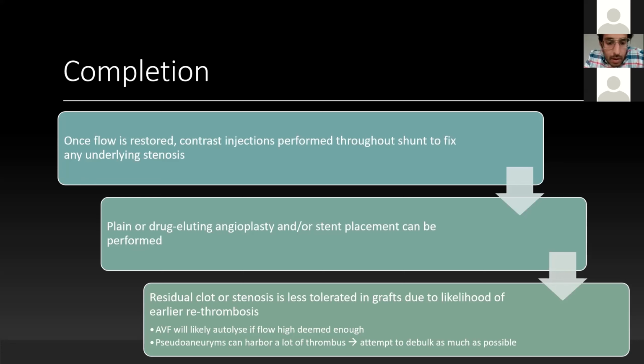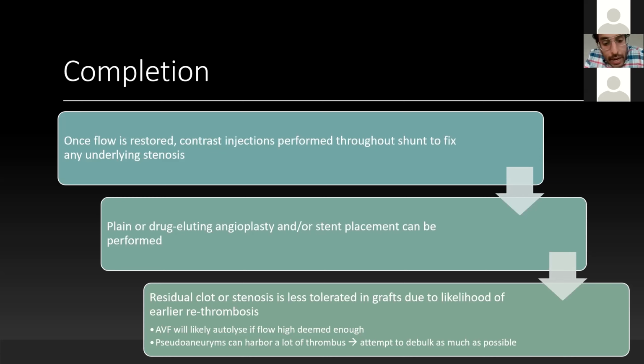And then residual clot or stenosis. For me, and what the literature shows, is that in grafts you want to get them looking as clean as humanly possible because they're more likely to thrombose with any type of residual clot. Whereas in a fistula, if you're getting good, high flows, you're more likely to autolyse some of that clot. So I don't get OCD or meticulous about clearing a lot of that stuff.